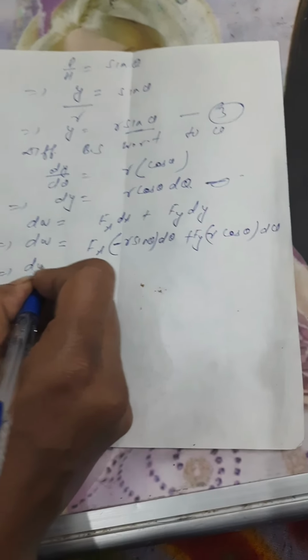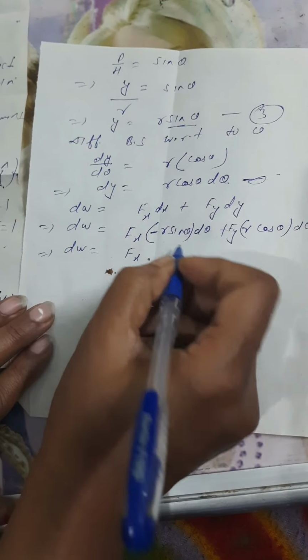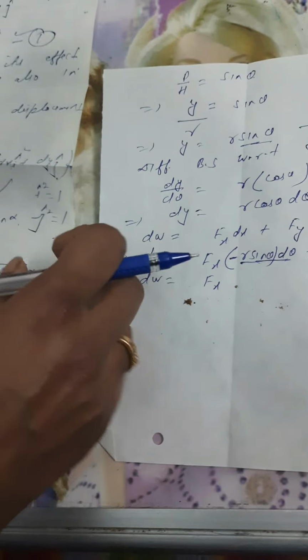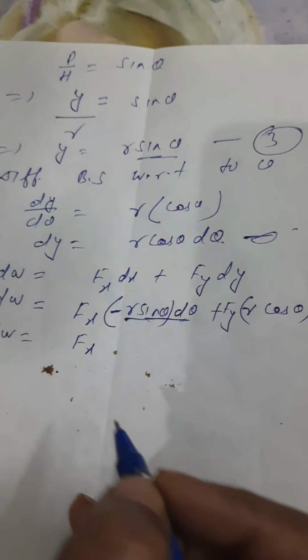So dw is equal to fx times minus r sin theta d theta. See this equation, what is dx equal to? Here dx is equal to minus r sin theta d theta, so we can put it here.